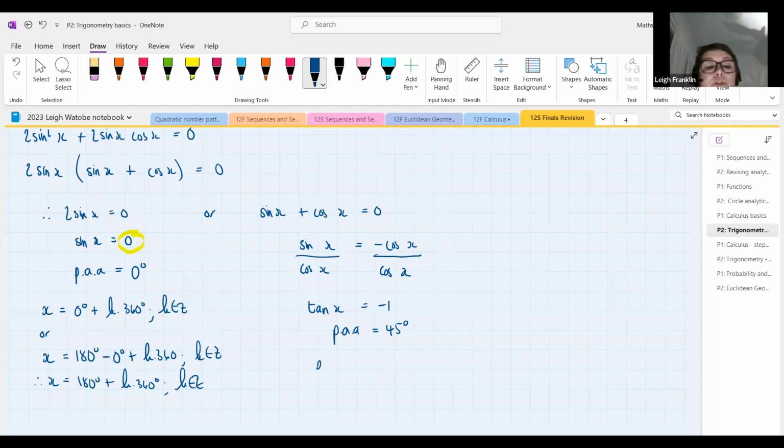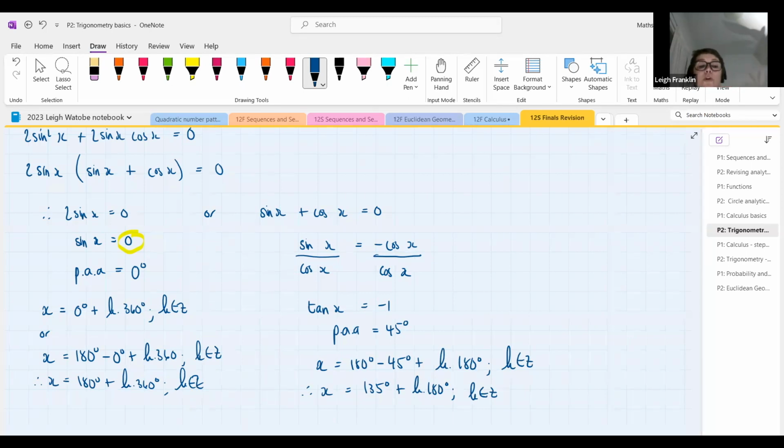So in quadrant 2, we've got x equals 180 minus our reference angle plus k times 180, k is an element of the integers. So that means that x would be equal to 135 plus k times 180, k is an element of the integers.